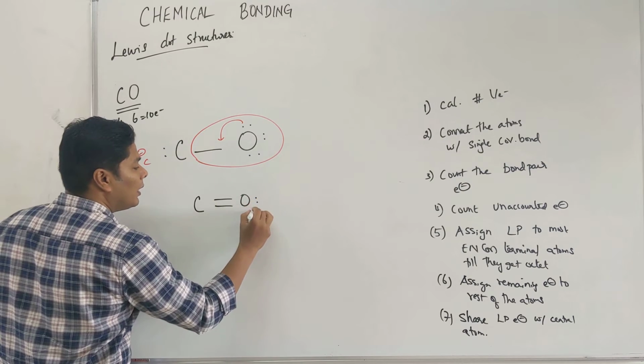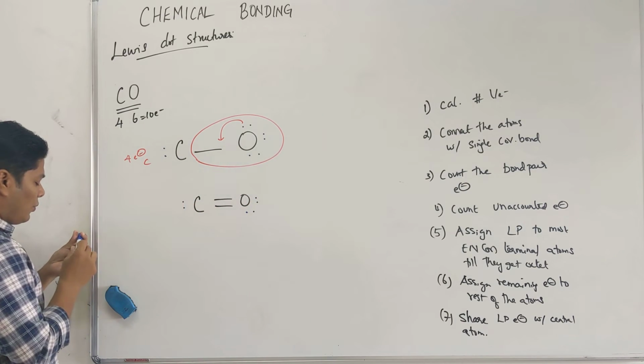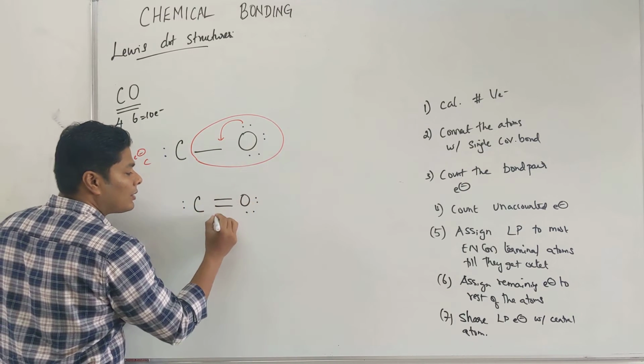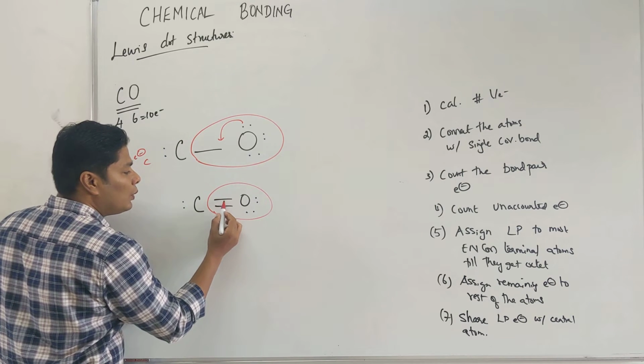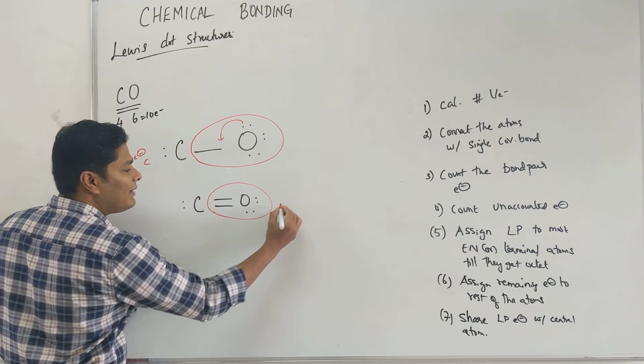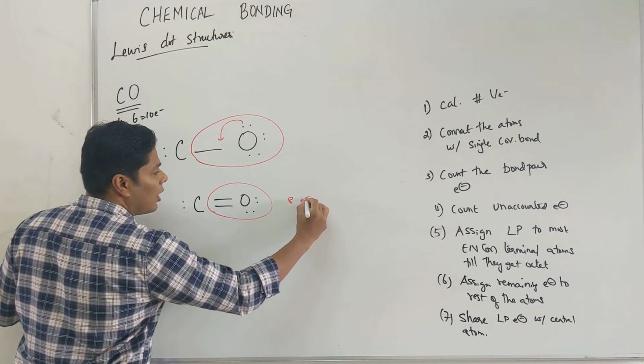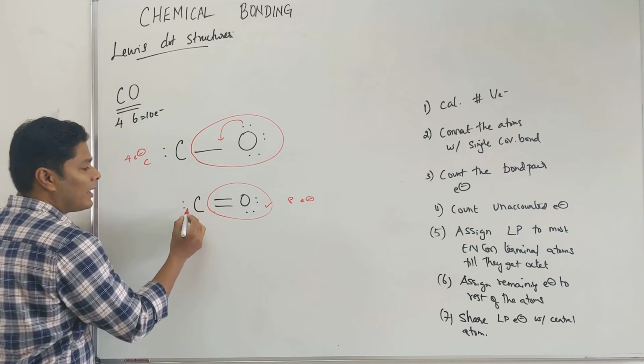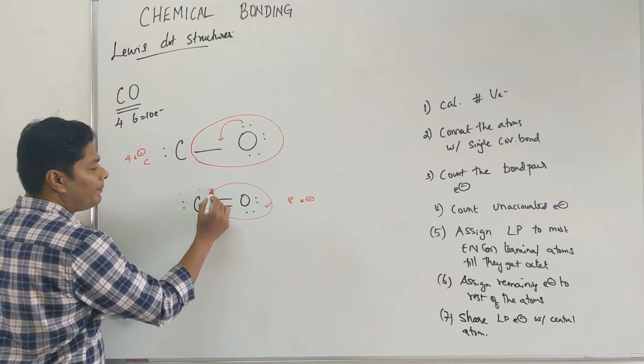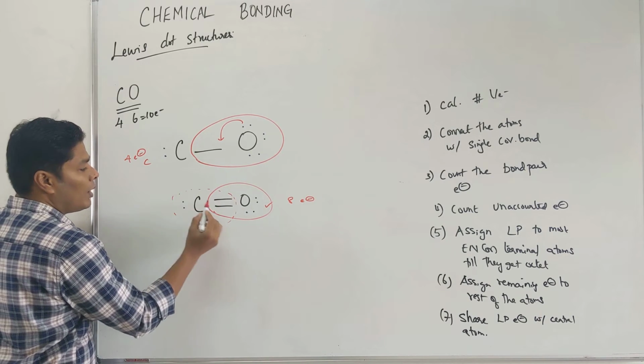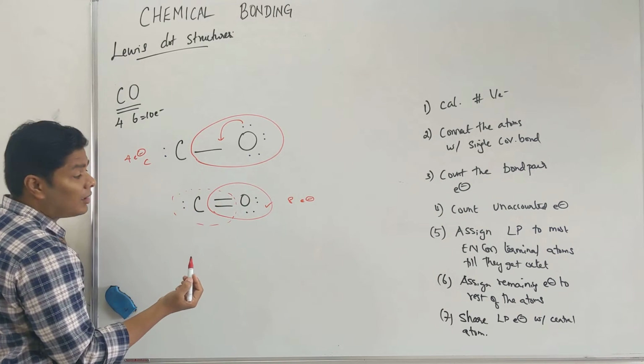I have this. Now when you see my oxygen, 2, 4, 5, 6, 7, 8, 8 valence electrons, octet is okay. Whereas my carbon, when you see, 2, 4, 5, 6, 6 electrons, not enough.